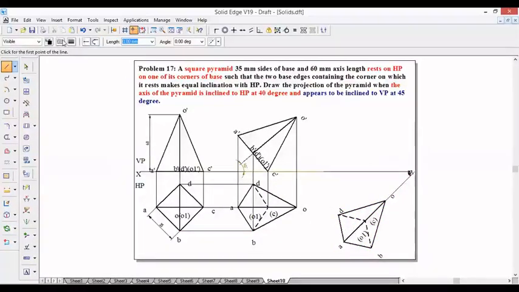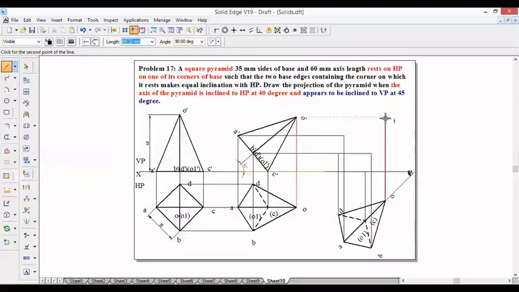Then take the projection lines. A will be till here. B. C will be till the XY line, and D. O. Projection of O dash.